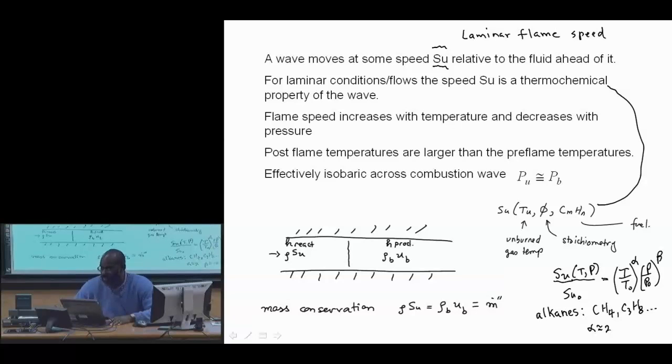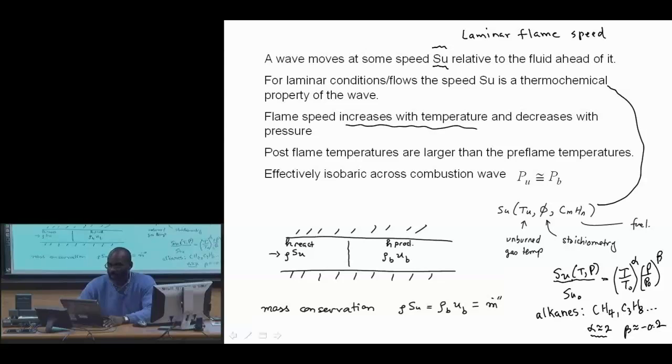So it has a weak negative dependence on pressure, a very strong temperature dependence. So if we increase the unburned gas temperature by a factor of 2, we get a factor of 4 increase in the laminar flame speed. Okay, so that's what we said here. Flame speed increases with temperature, decreases with pressure.